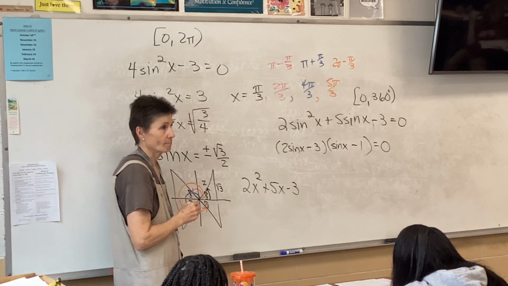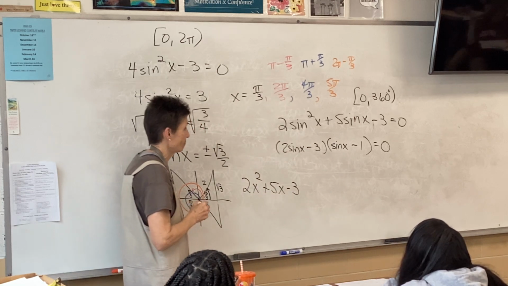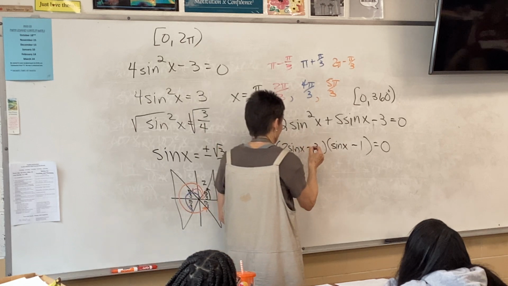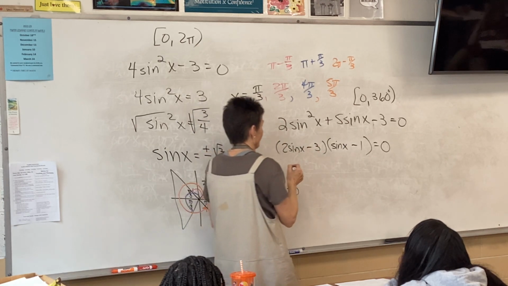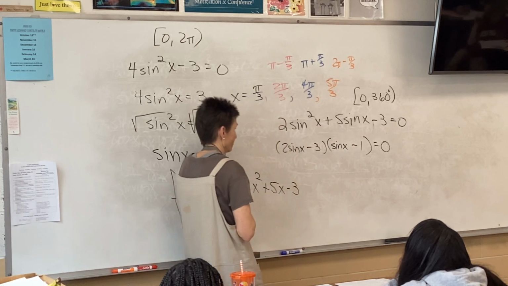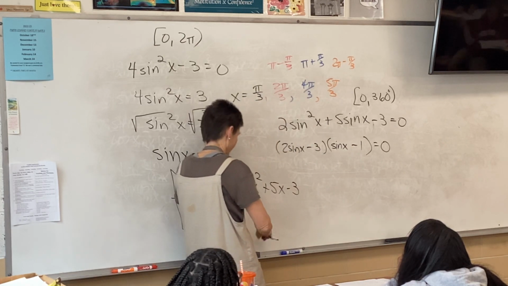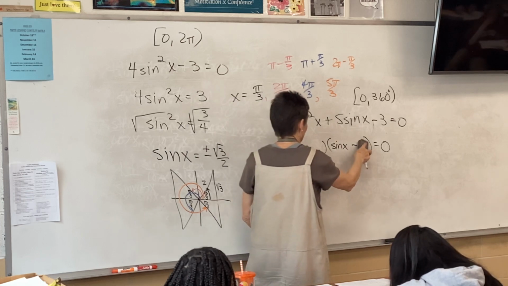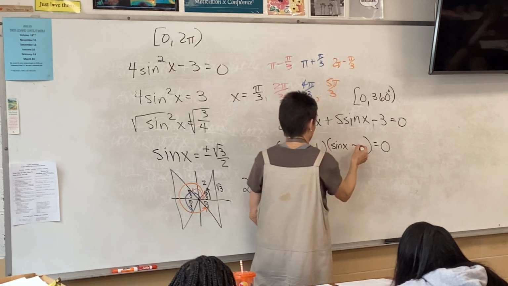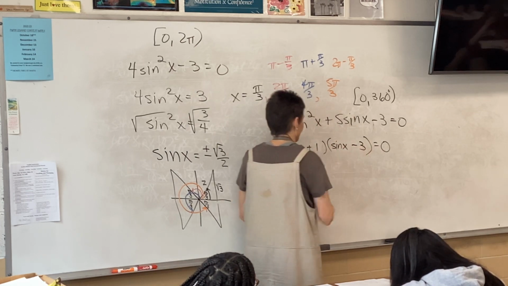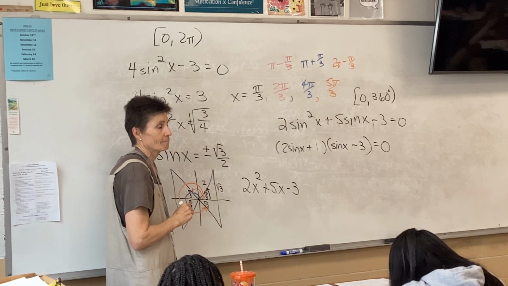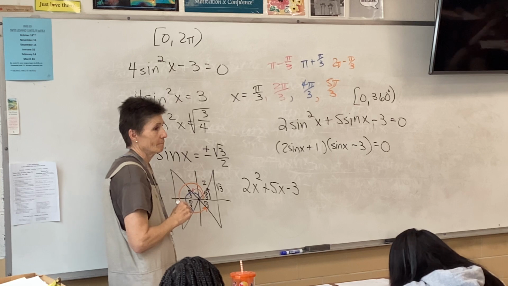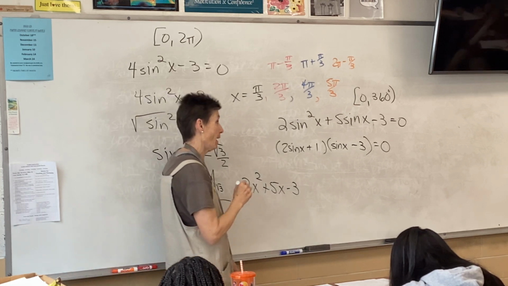No, because you need to get the 5 somehow. Plus 3 minus 1. Do we have to flip those? Now, negative, it's 1 plus.